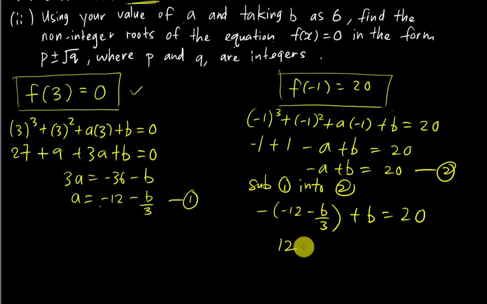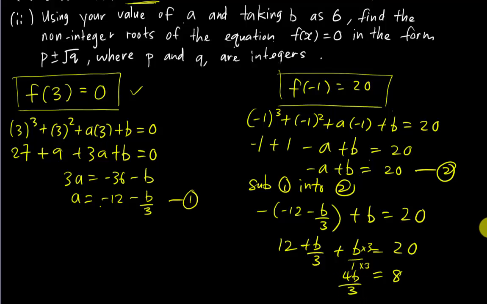So it will be 12 plus b over 3 plus 1b equals 20. I move my 12 to the other side: 20 minus 12 will be 8. B over 3 plus 1b, basically this one is over 1, so I times by 3 here, it will be 4b over 3.